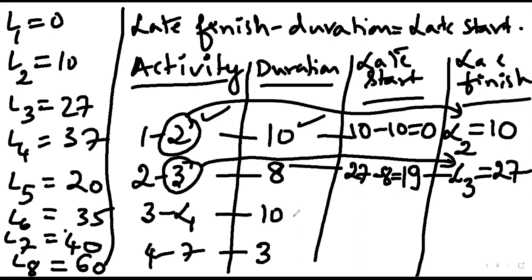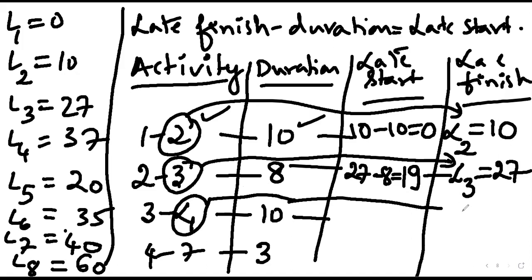So for the next activity, what will be the latest finish? 37. Yes, the reason is we have to consider L4 as 37, correct? Once that is obtained, 37 minus 10, 27.